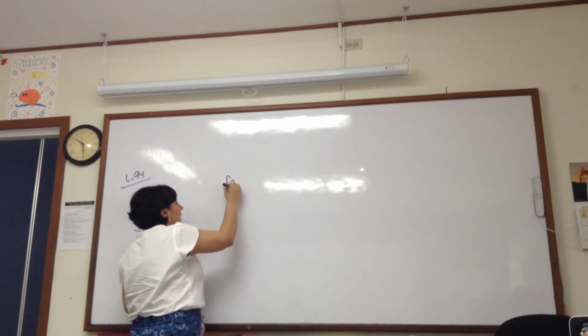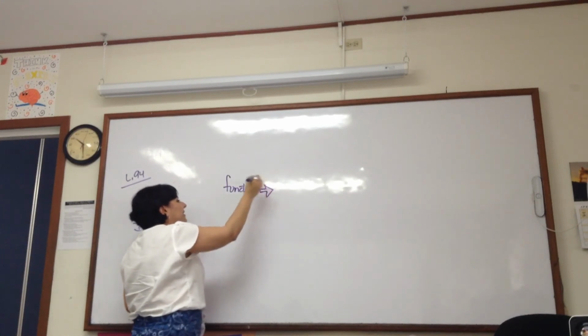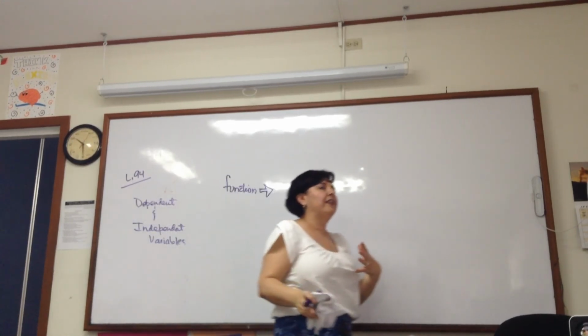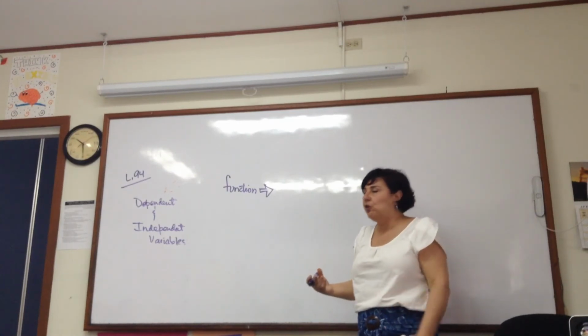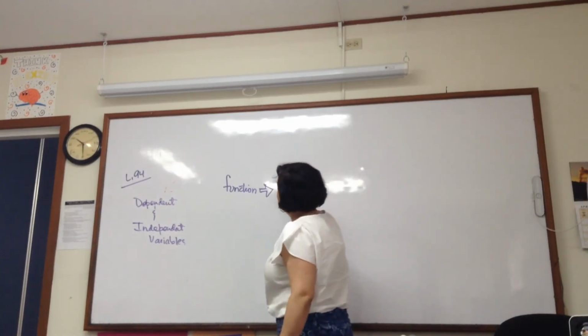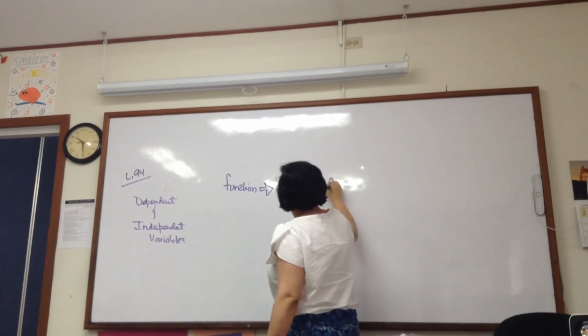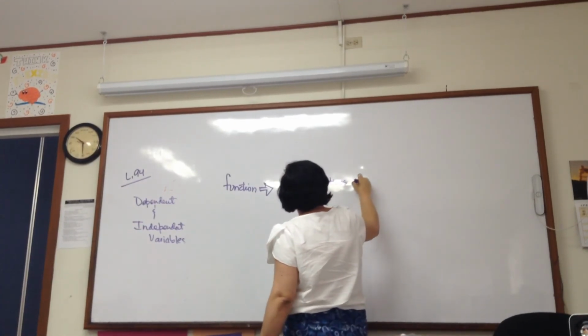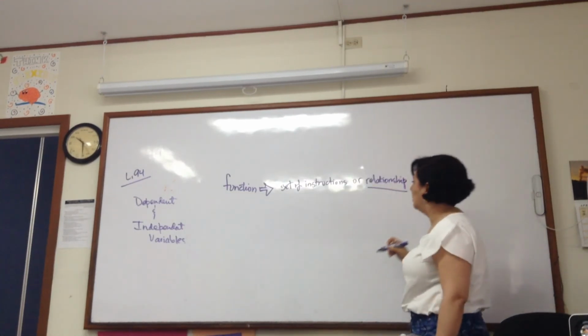A function, in general, this is not a definition you're going to find in the book. This is what I've, over the years, found to be the best way to explain it so that it's easy for you to understand. A function is a set of instructions or relationship, this being the key word, this you will find in the book.